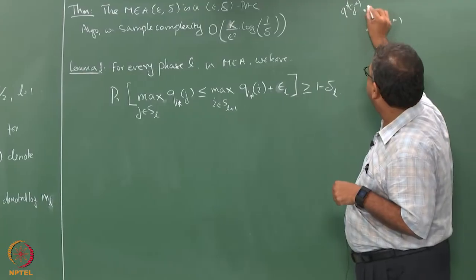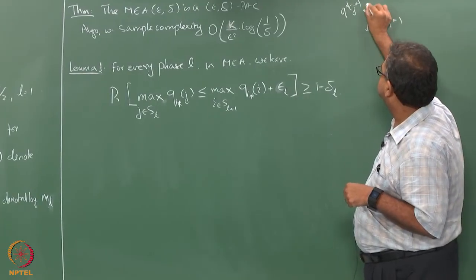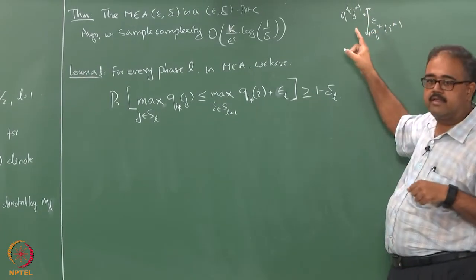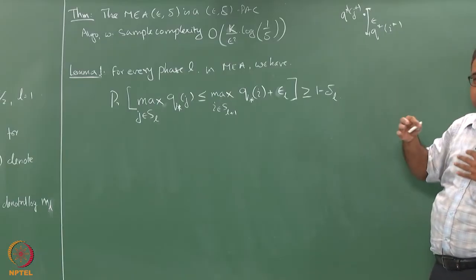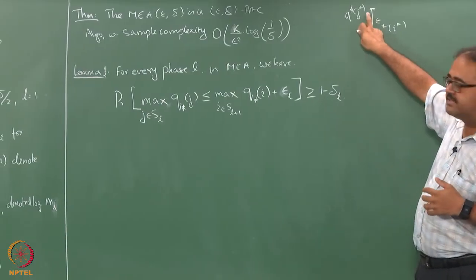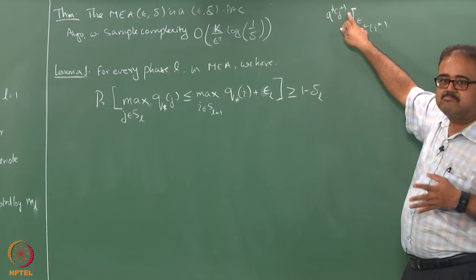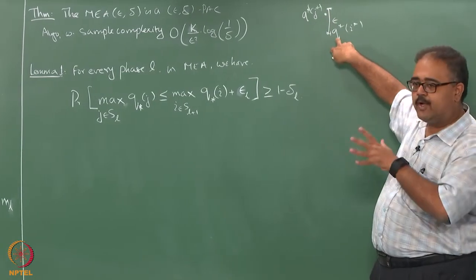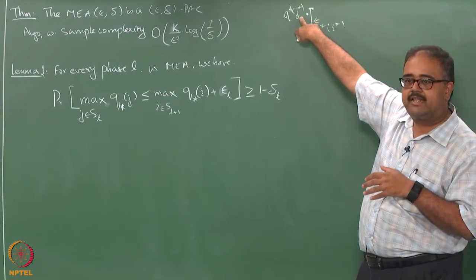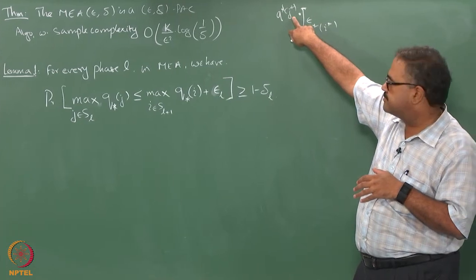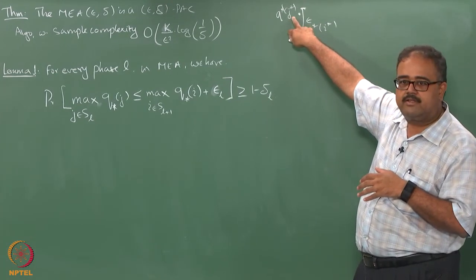right. If I add an epsilon to this, and this is within that, that means this is epsilon optimal when you consider against that, right. Do you see that?